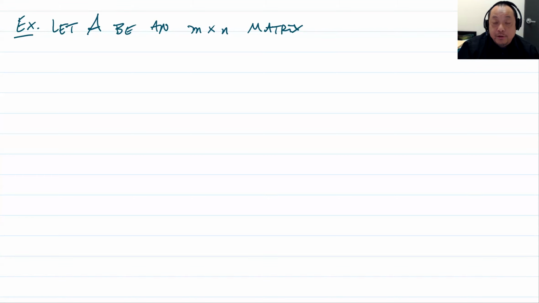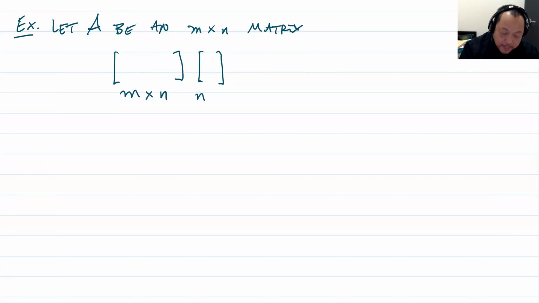Let A be an M by N matrix, and I take this A and multiply by a vector. The matrix A is M by N, and therefore the vector has to be N by 1 in order for the multiplication to make sense. The result is another vector, and this vector will have to be M by 1.